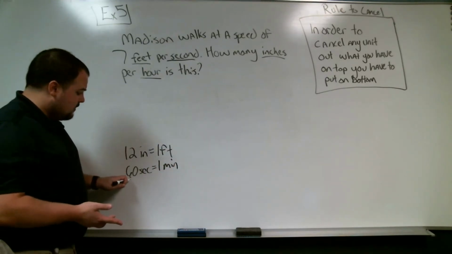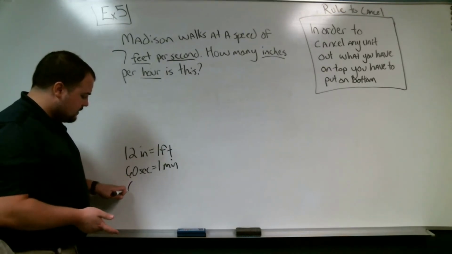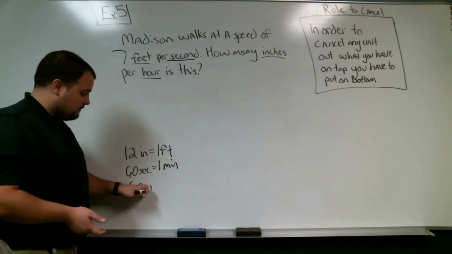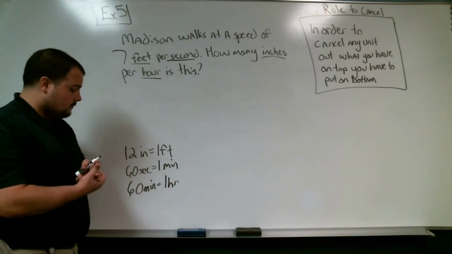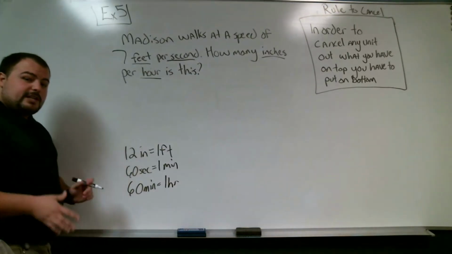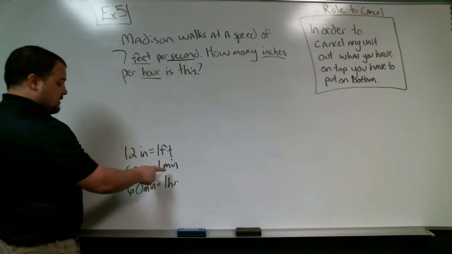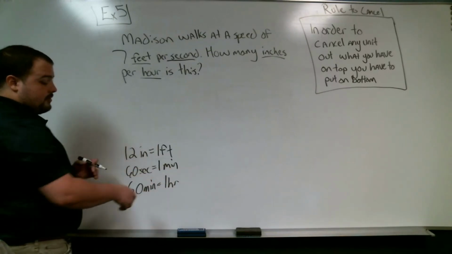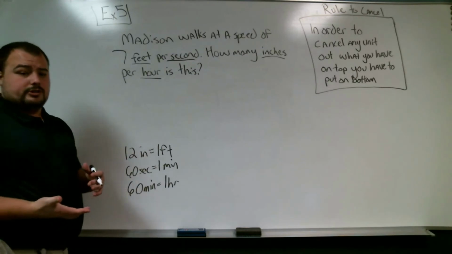We know that in an hour, there's 60 minutes. So 60 minutes equals 1 hour. So these are the 3 different units of measurement we need because we have minutes and hours, we have seconds and minutes. So we have seconds and hours that we're really changing to. We have inches and feet, which is another thing we're changing to.